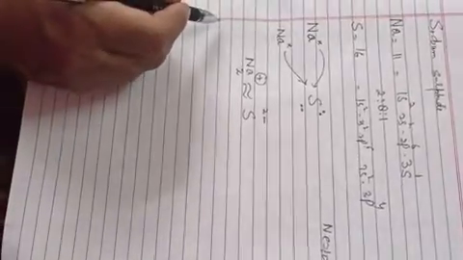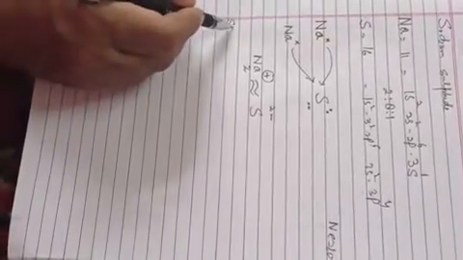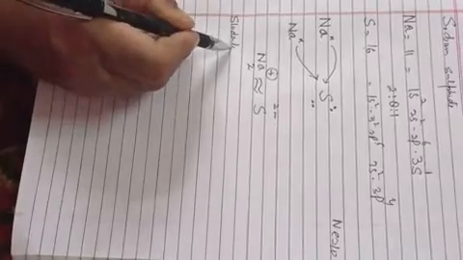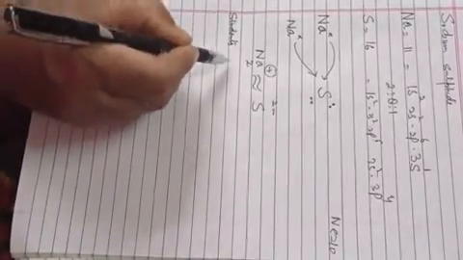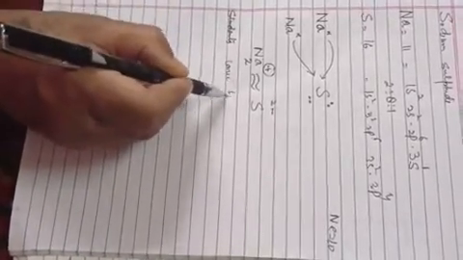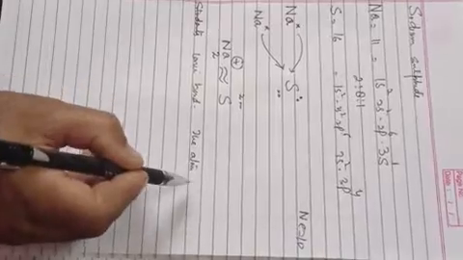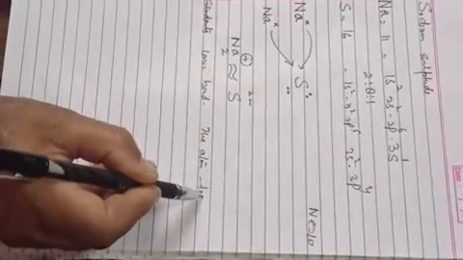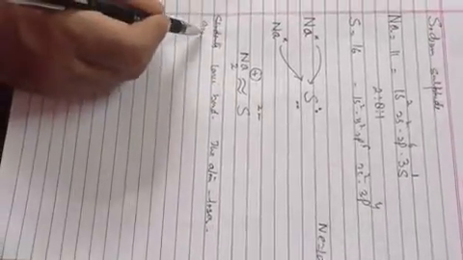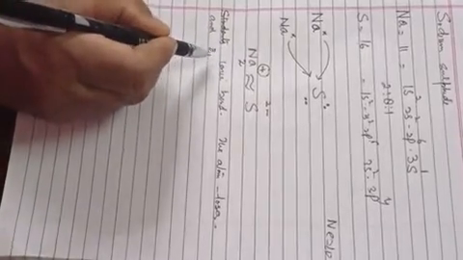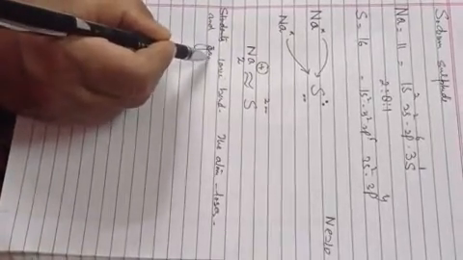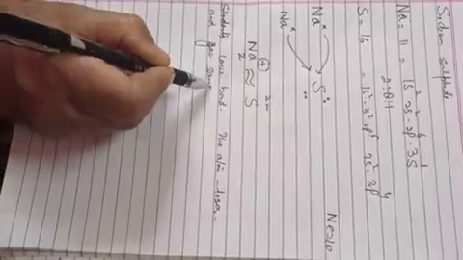Now, students, here in the formation of ionic bond, one atom loses an electron and the other atom gains the same electron.